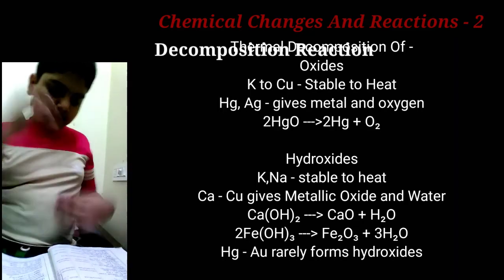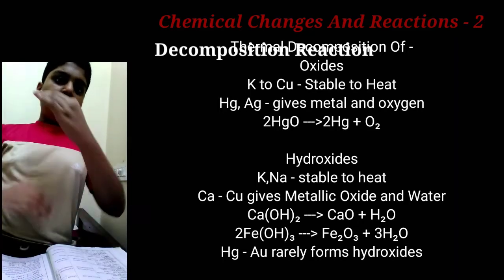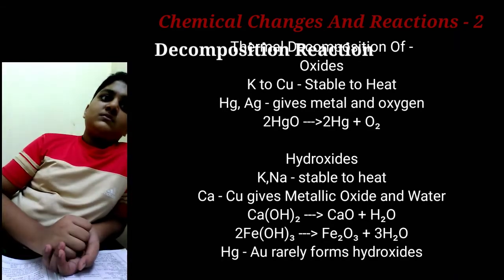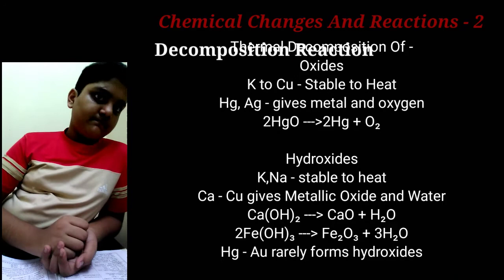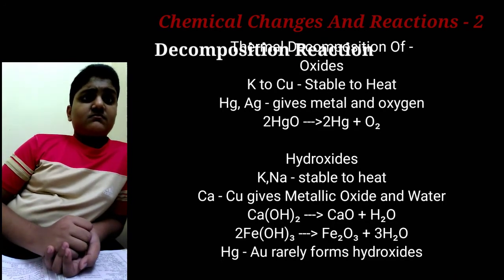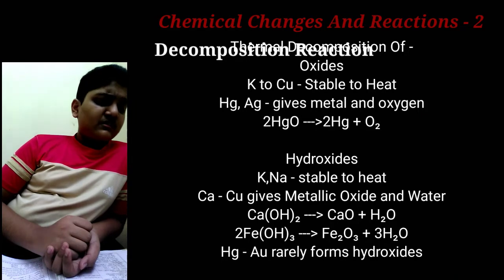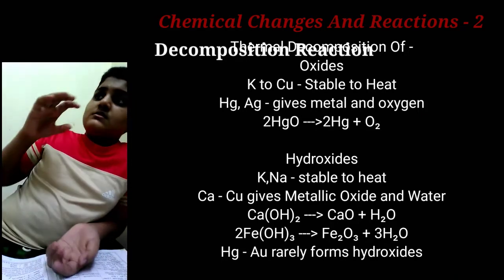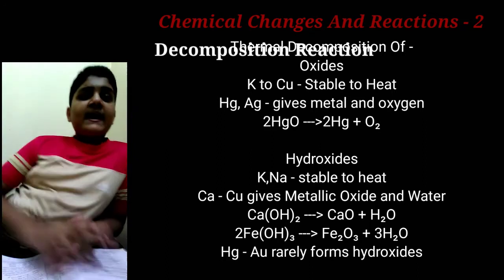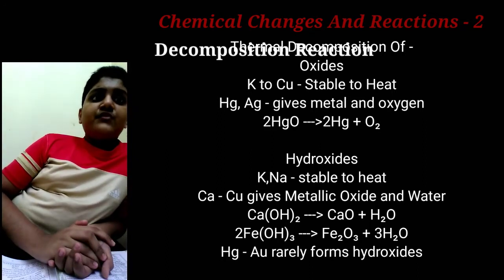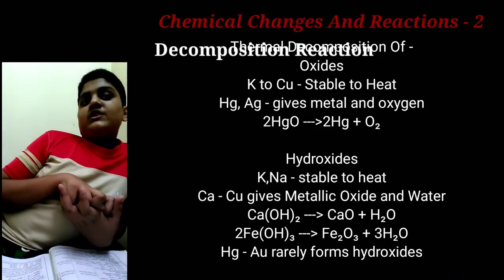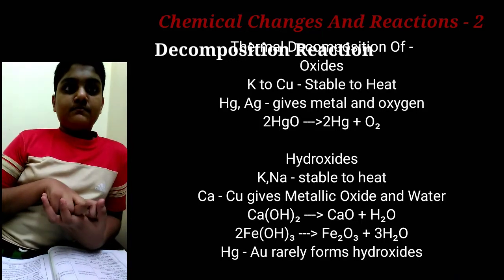So in the activity series, elements from potassium to copper are stable to heat. After that, if you take metallic oxides of silver and mercury, you will get the metal plus oxygen.